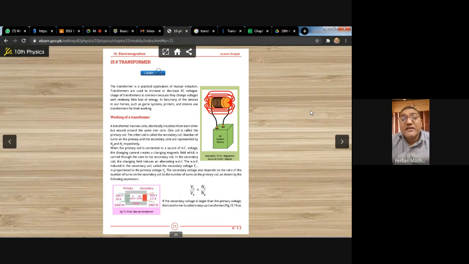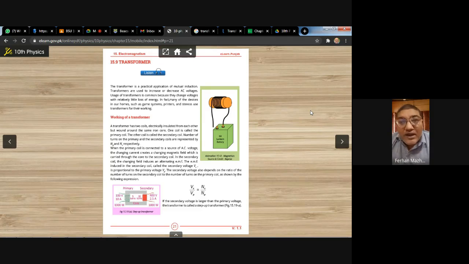NP means the turns on the primary coil. You can count the turns, whether there are 10 turns, 5 turns, 2 turns, 200 turns, or 2000 turns. So how many turns are in the primary coil? And NS means the number of turns in the secondary coil.